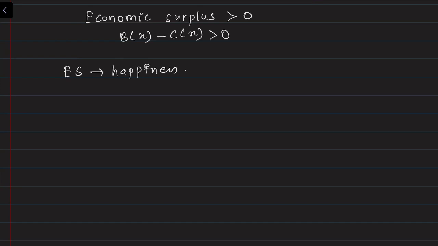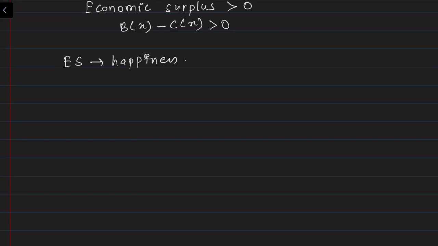So if you want to maximize your happiness, you basically want to maximize the economic surplus. So you want to find out the amount of scoops you want to consume in order to get the maximum satisfaction or happiness.